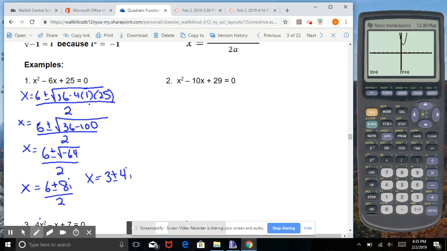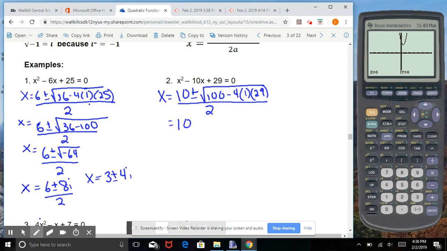Number 2, we do the same way. x equals negative b, which is +10, plus or minus the square root of b squared, which is -10 squared, which is 100, minus 4 times 1 times 29, all over 2a, which is 2, because it's 2 times 1.